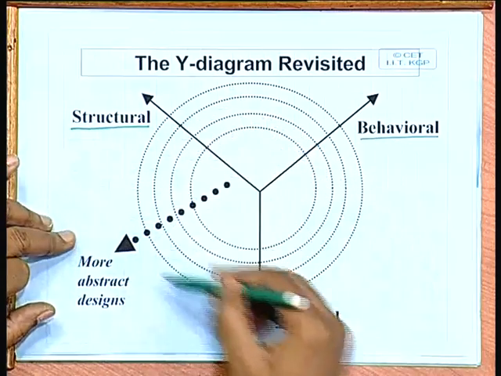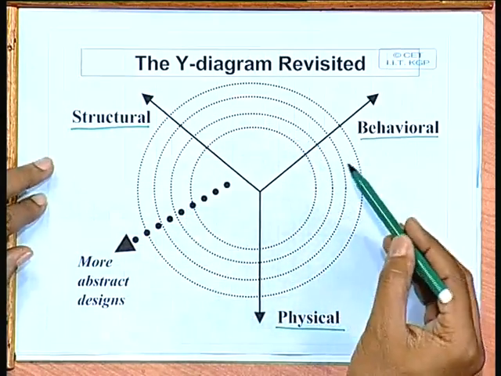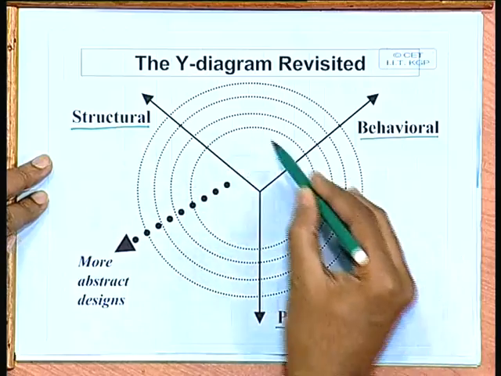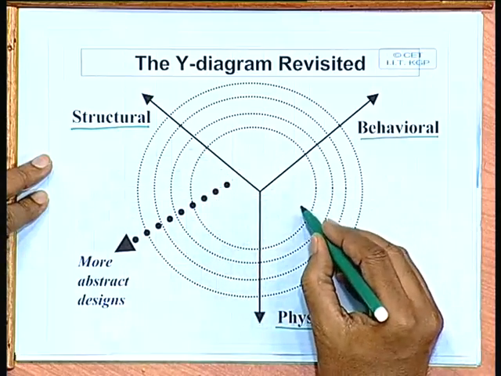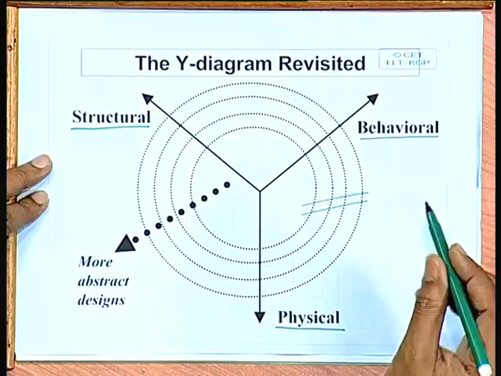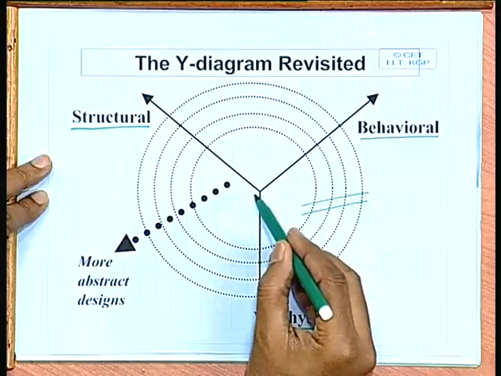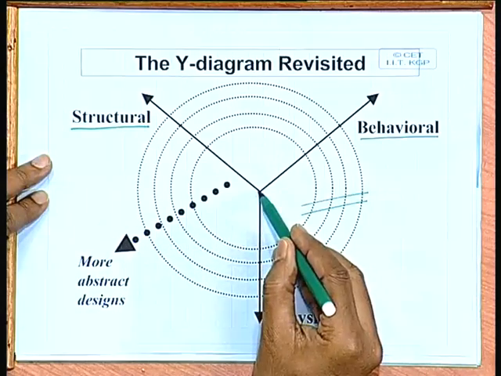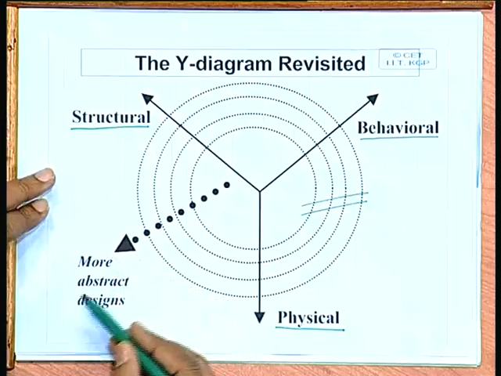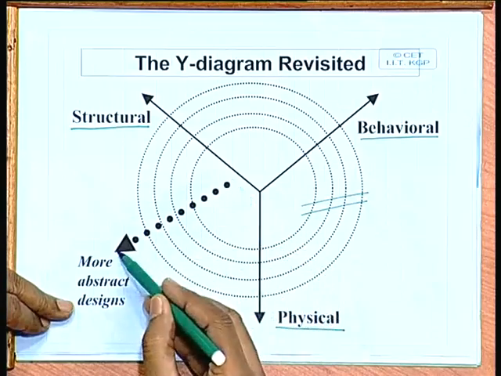Now, in terms of the Y diagram, you can assume that there are several concentric circles as we have shown out here, and as we move away from the center of this Y towards outside, the design becomes more and more abstract.